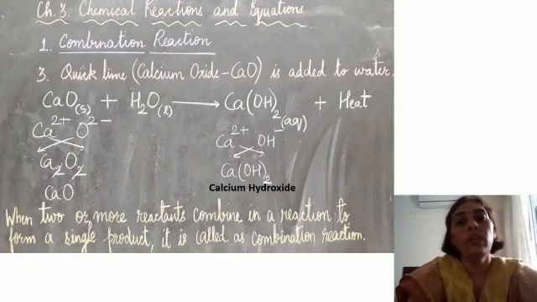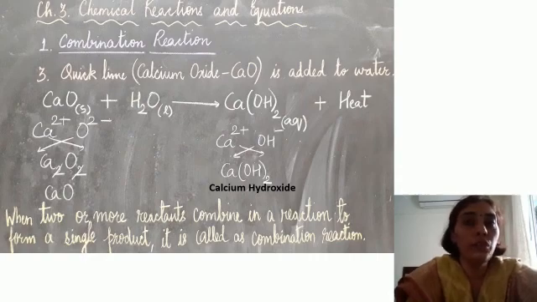So when you are taking lime, that is calcium oxide, and adding water to it, which is not very soluble in water, it is only to a certain extent soluble. So this solution that we are going to get, that is calcium hydroxide, is used for whitewashing the walls.